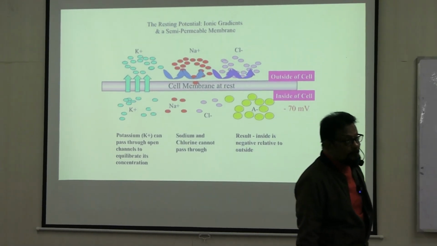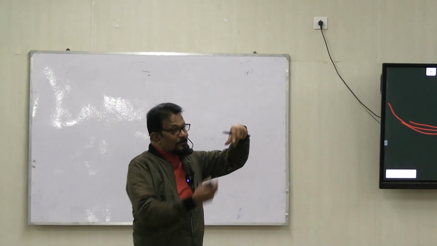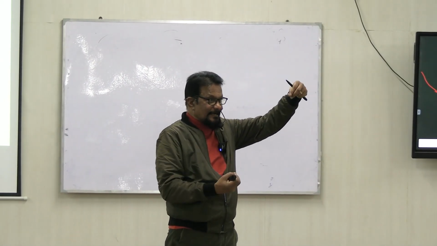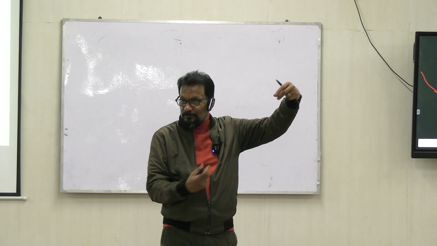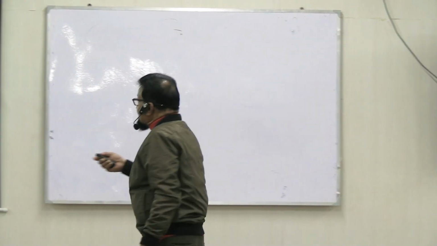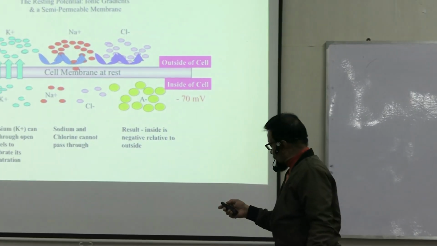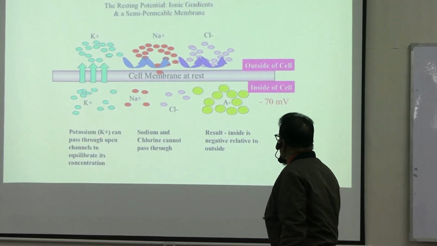Because of this unequal distribution of ions, the positive and negative charges are also unequal. As a result, the inside is more negatively charged in relation to positively charged ions.